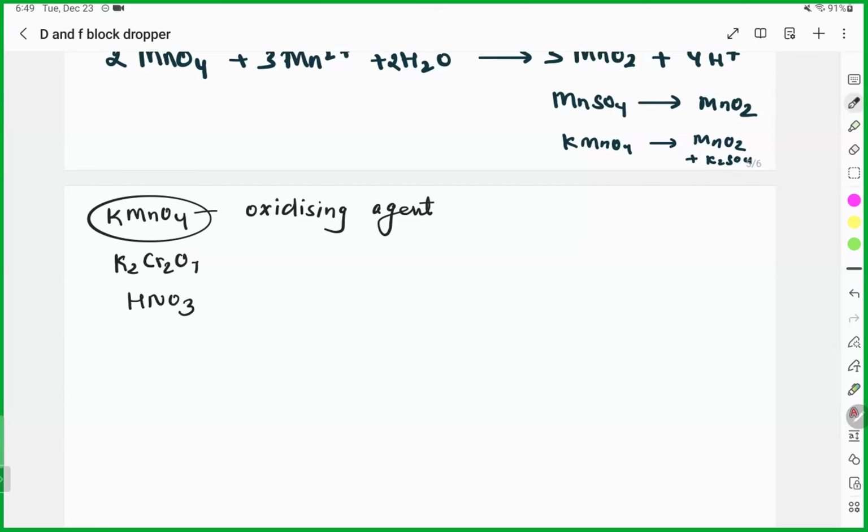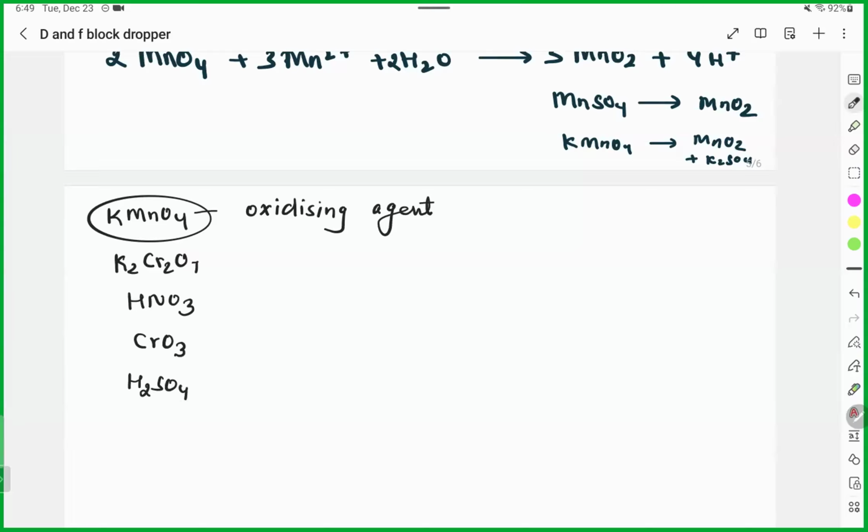Correct? These are the popular oxidizing agents. Any other oxidizing agent that we use that causes oxidation of others? CrO3 can also act as a mild oxidizing agent because chromium is present in +6 state. H2SO4 can also act as an oxidizing agent.